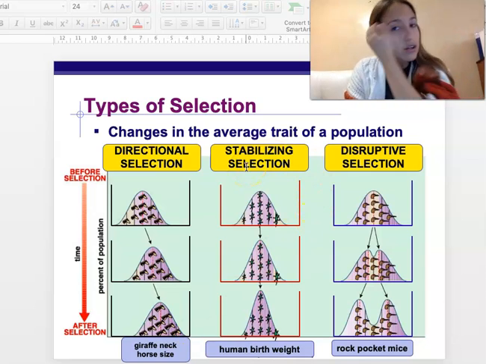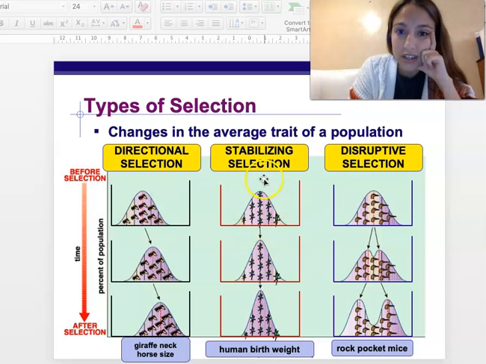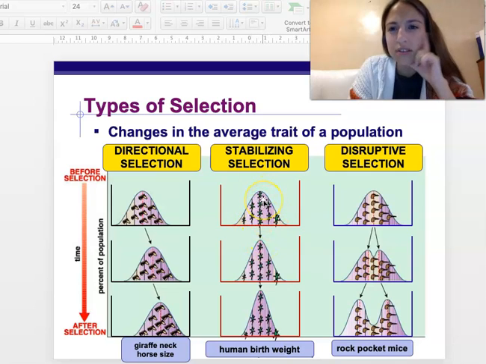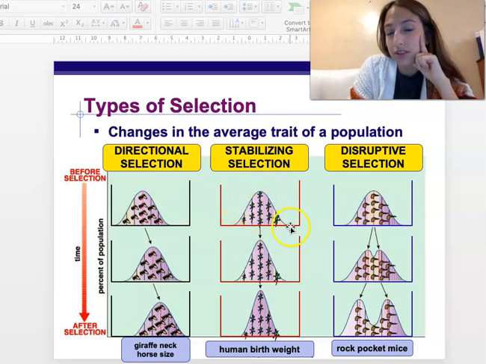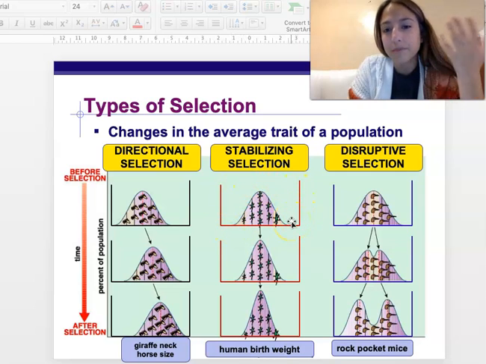Stabilizing selection is a little bit different, where the selection actually favors the organisms right in the middle, right when they're average. So this can be, for example, in something like human birth weight. Okay, so if the child that is born is very small or the child that is born is very large, usually those children can suffer from mortality. Okay, so that means that those children that have extreme sizes, either very small or very large at birth, are not going to be favored for.